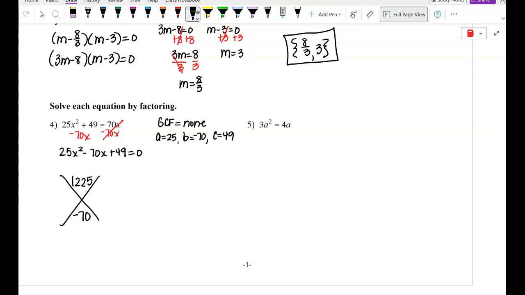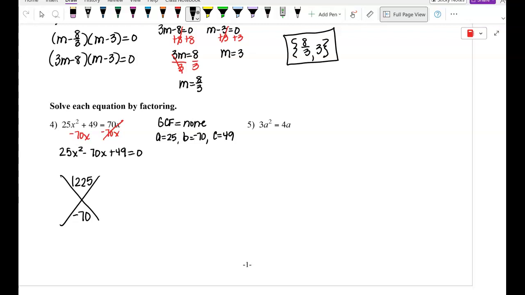At 25, it's 25 times 49. So you're getting closer, because 25 plus 49 would give us 74.